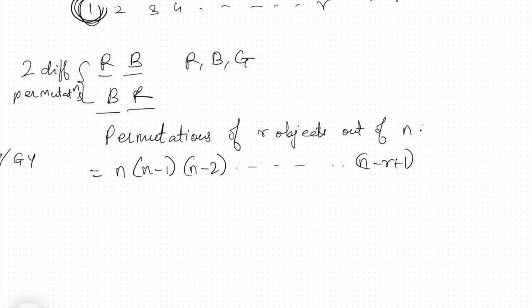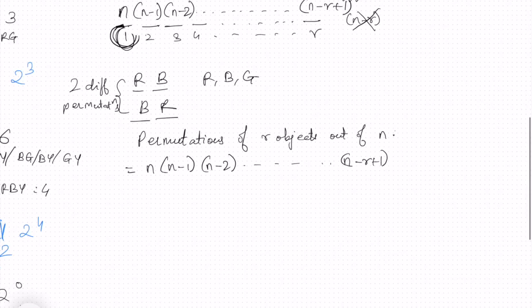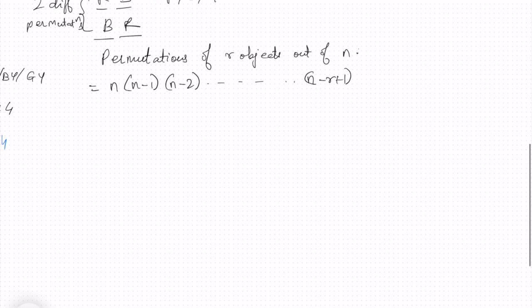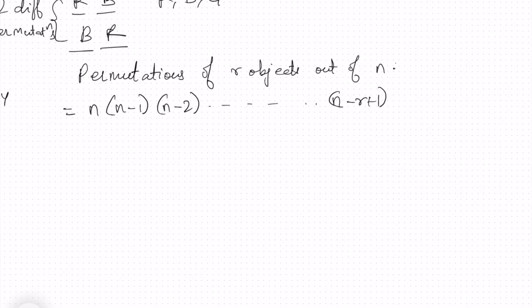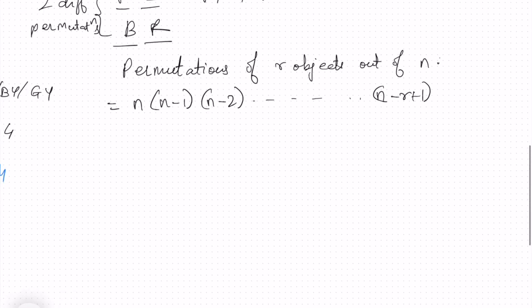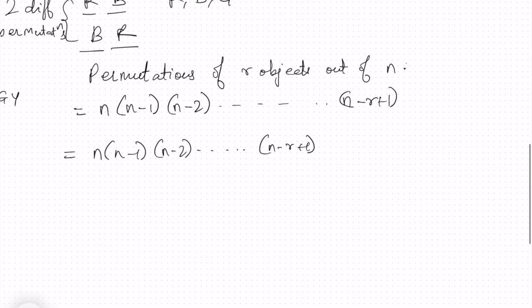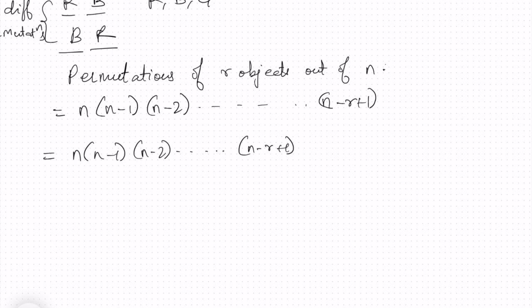But this form is a bit tedious to compute often, so we would rather express this result in terms of another simpler result, and we know how to do that, because in the last lecture, as you saw, we know how to compute factorials. So if we try to convert this formula into the form of a factorial, n into n minus 1 into n minus 2, now this number can represent the factorial of n if I multiply it by the remaining numbers.